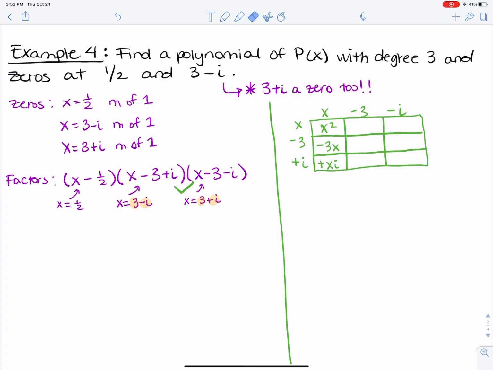And then negative 3x and negative xi. And the middle, negative 3 times negative 3 is positive 9 and negative 3i. And then the end, negative i times negative 3 is positive 3i. And negative i times positive i is negative i squared.